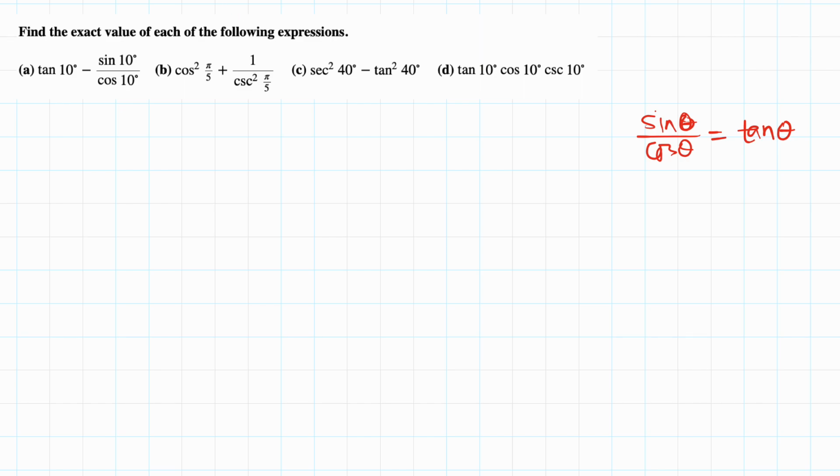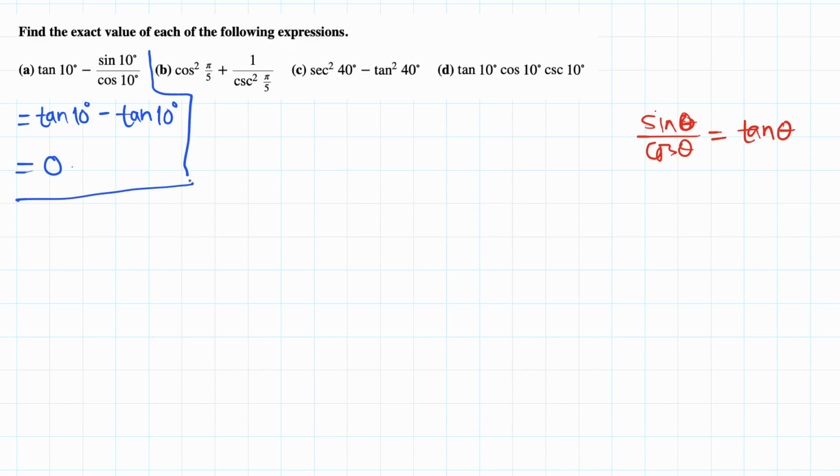If we do that in part A, tangent 10 degrees minus sine 10 over cosine 10 becomes tangent 10 degrees minus tangent 10 degrees using this quotient identity. Same thing means we can cancel, so the value is 0.